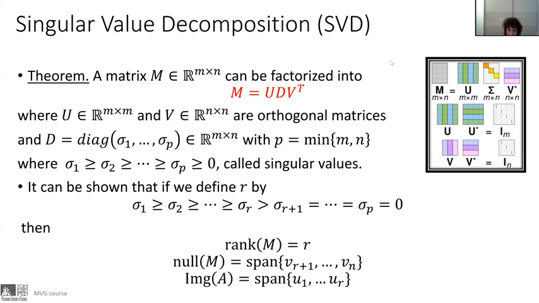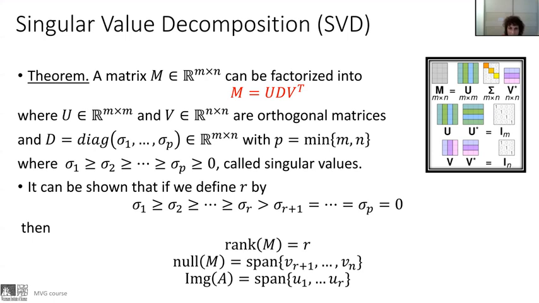Okay. So in general, we don't have symmetric matrices. We have general matrices, and the SVD, the singular value decomposition, is a great way to factorize a matrix. So you have a matrix, not necessarily a square matrix.